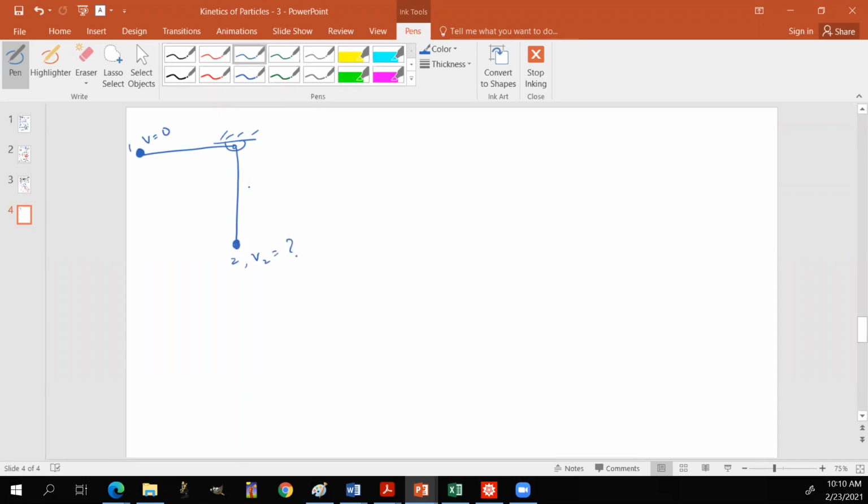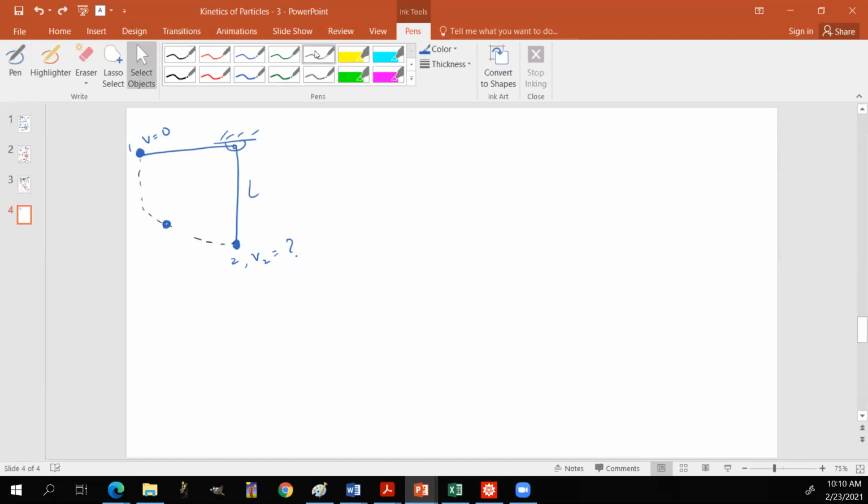Let's say the length of it is L, and it obviously moves in a circular path, right? So if we take a look at the particle, you'll have the tensile force along the string, whatever's joining this to that.